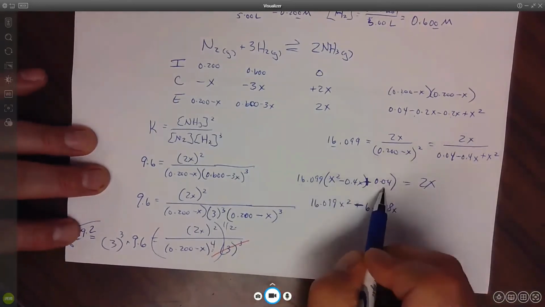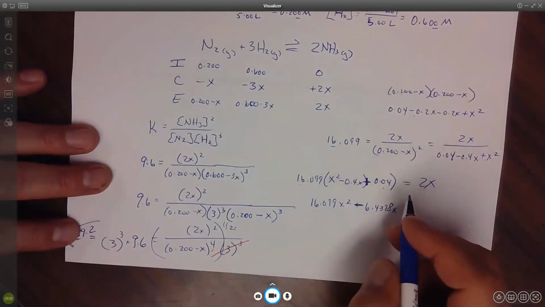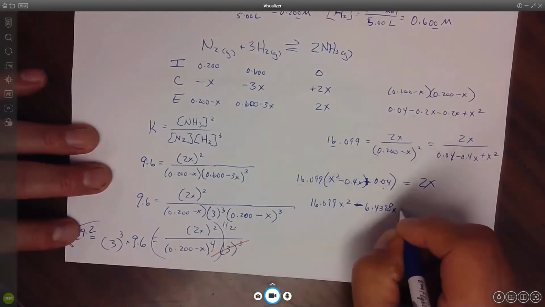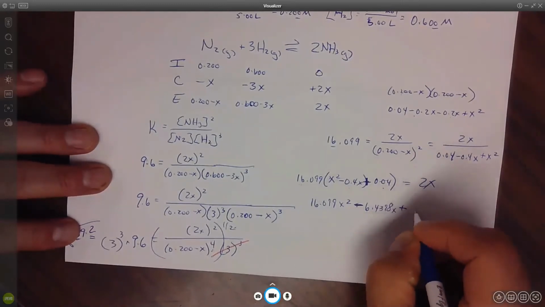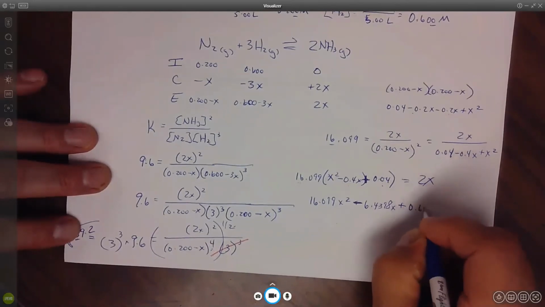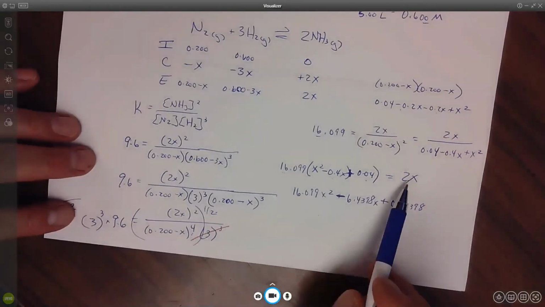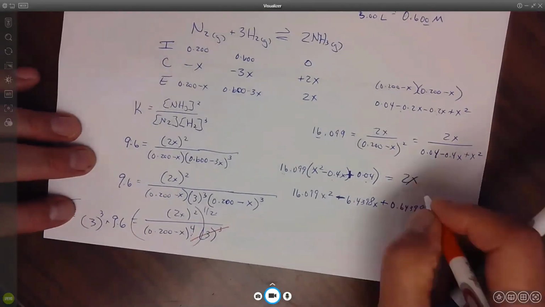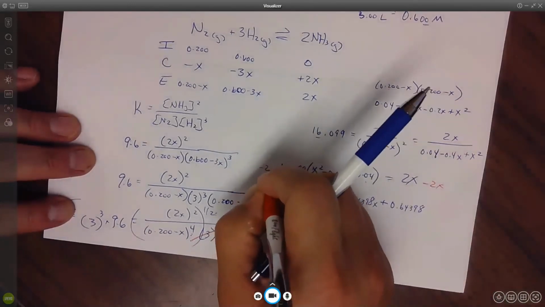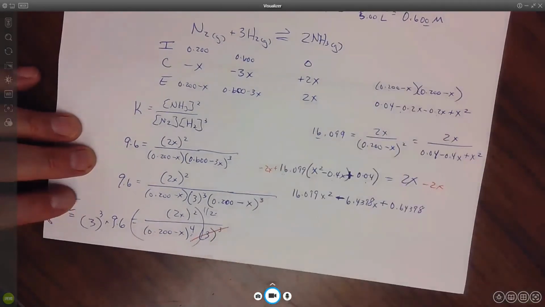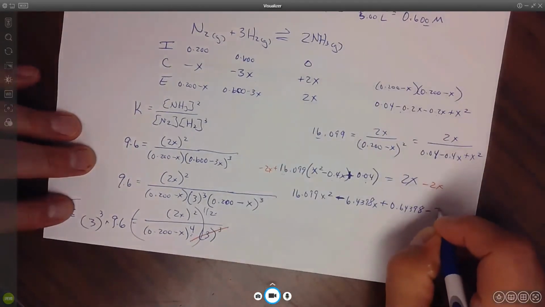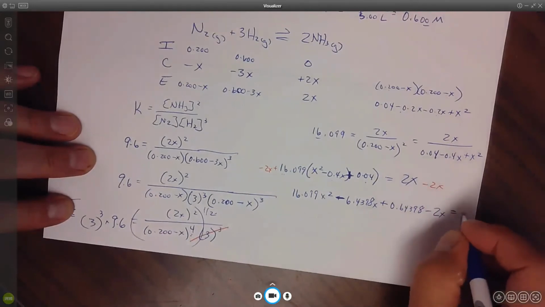And then 16 times the 0.004 is going to be plus 0.64398. Now, also, I want to subtract 2x from both sides as well. So I'm going to put minus 2x. Now this side equals 0.